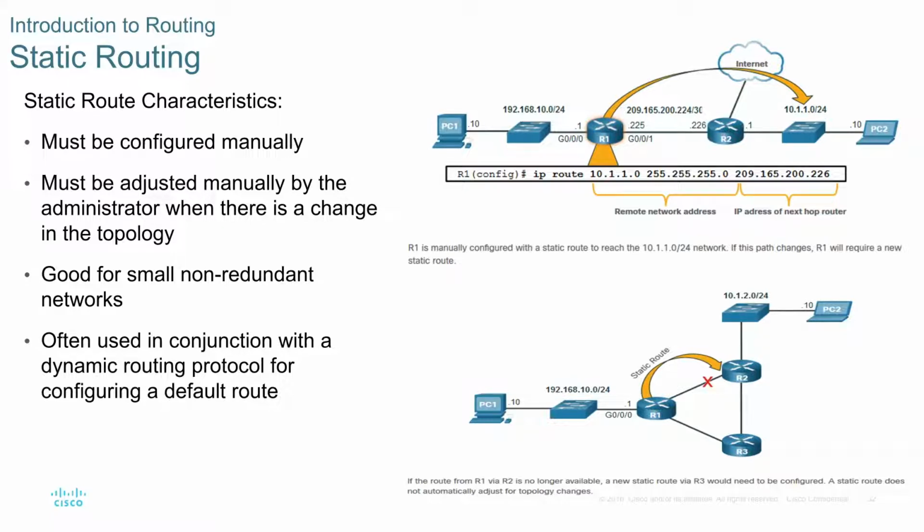This says anything that you do not know about, send it out this way. If we do not have a default route and the network that we are looking to go to is not in the routing table, we would not be able to transmit information to that network.